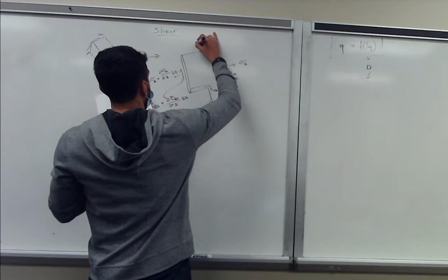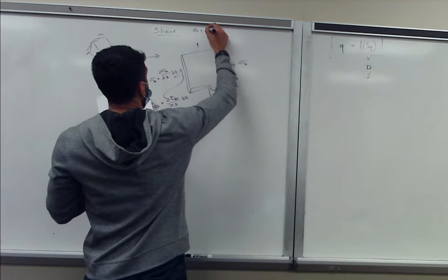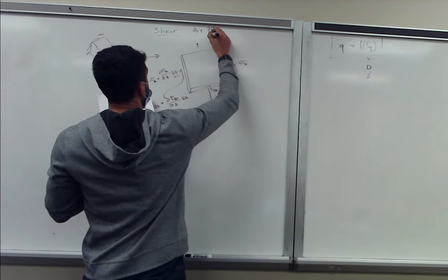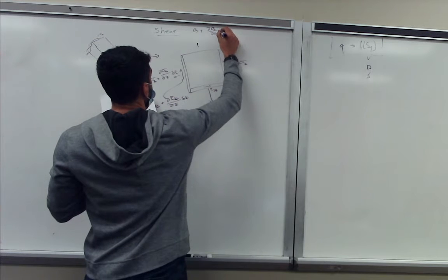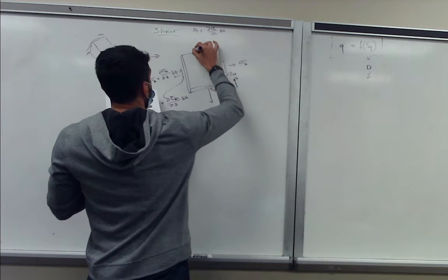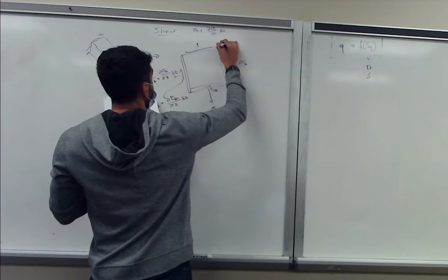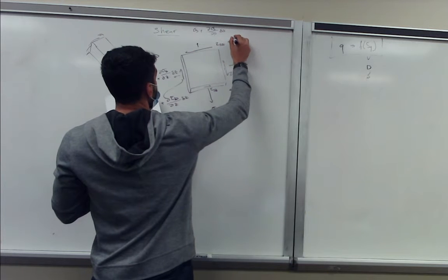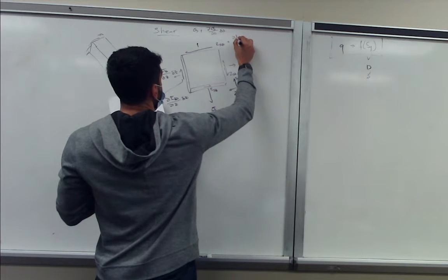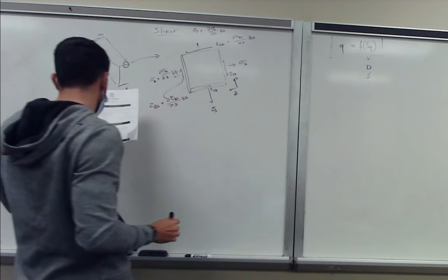And on this side we get sigma s plus the variation of sigma s over s multiplied by ds. And then we have the outer shear stress, tau zs plus its variation over s multiplied by ds.